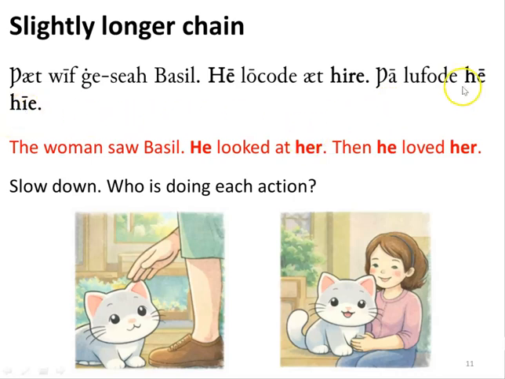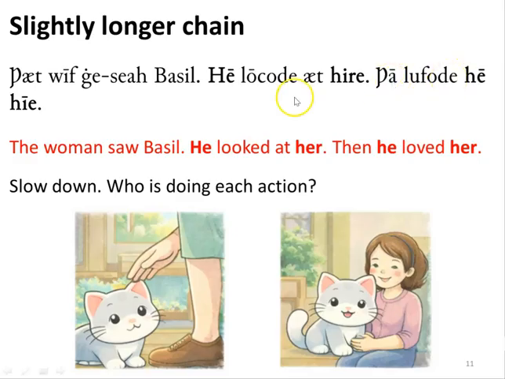You can stick them together, then have the verb. That happens as well. But anyway, far lovede he here. So then loved he her. So because this is the accusative, this is the direct object of the verb, and because this is the nominative, he is the subject doing the loving.